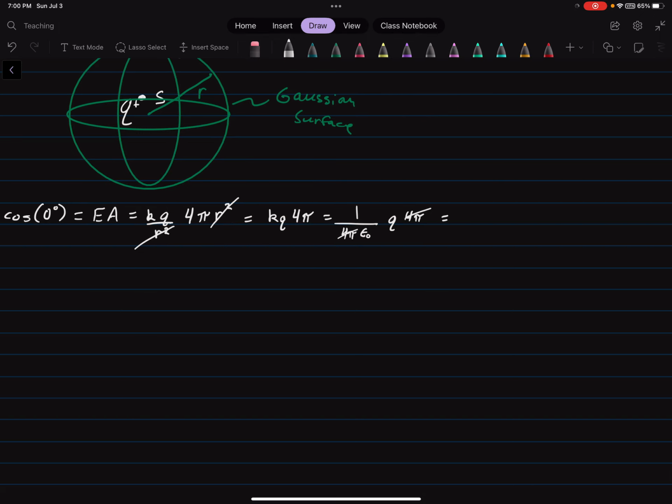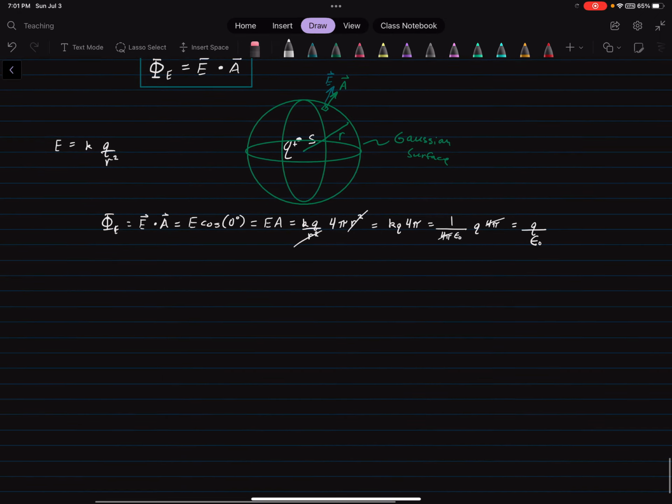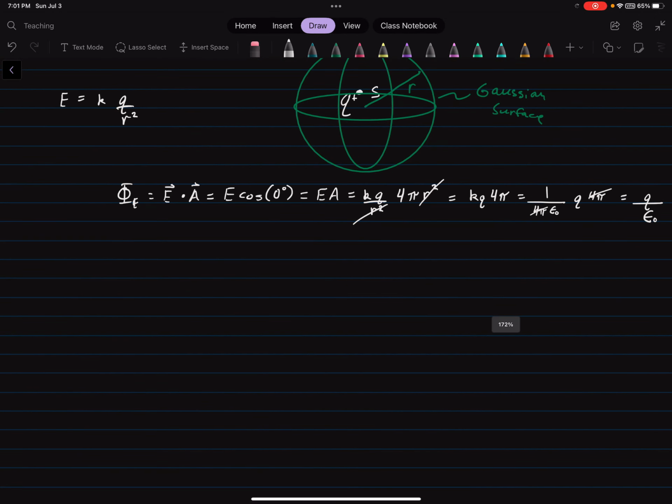So what we're left with is q, the amount of charge inside this Gaussian surface, right? This is of a point charge. It works out in general, it turns out, but this is all I can show you without using calculus, divided by this weird permittivity of free space value. So the charge enclosed divided by epsilon naught, which is, you'll have to maybe trust me, a beautiful and remarkable result.